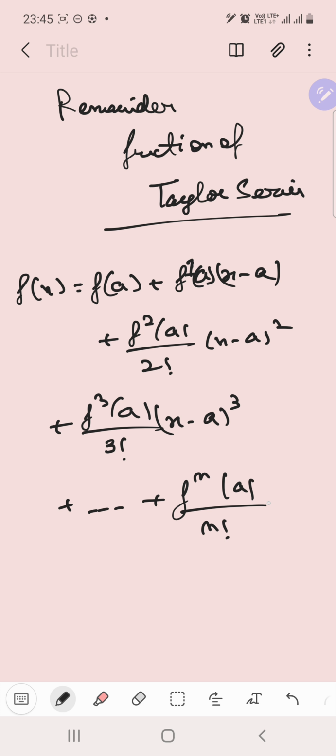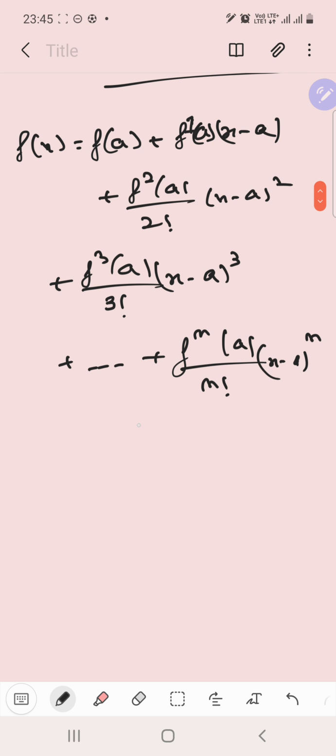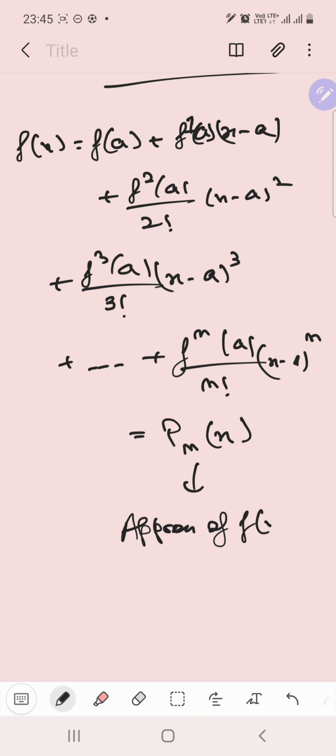So this is n factorial, this is (x minus a) whole to the power n, and this is given as Pn(x). Okay, so basically this is the approximation of f(x) about x equals a.